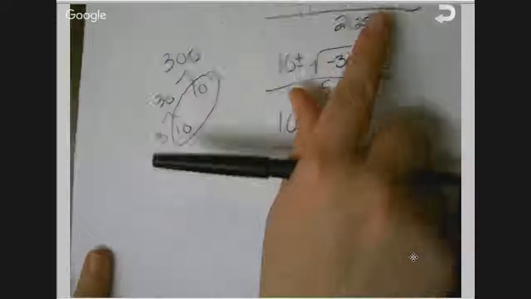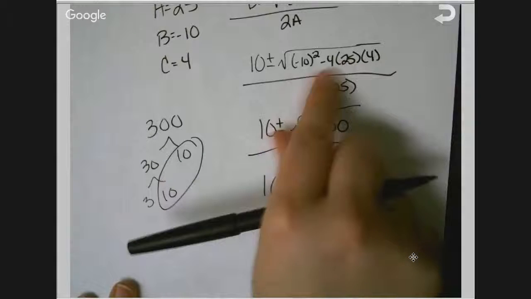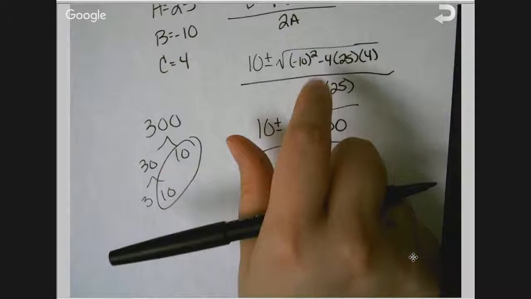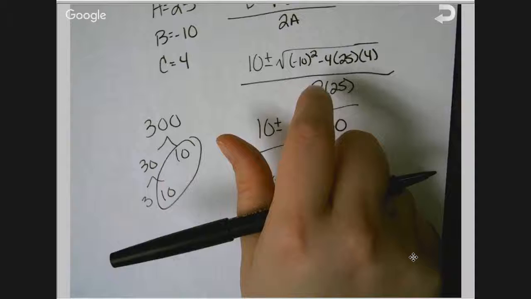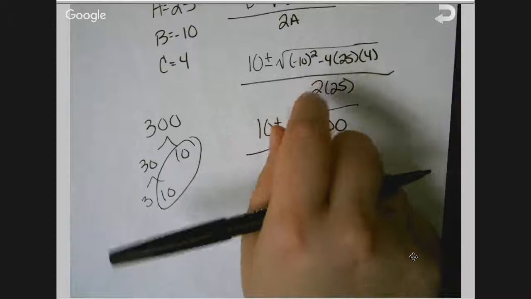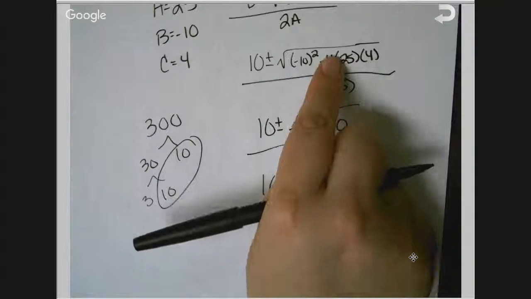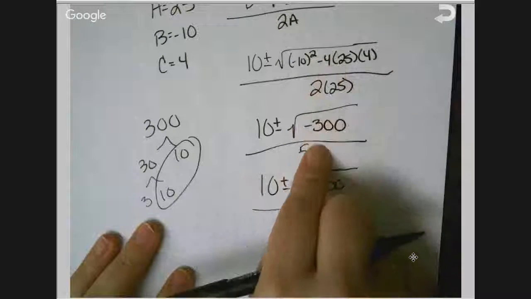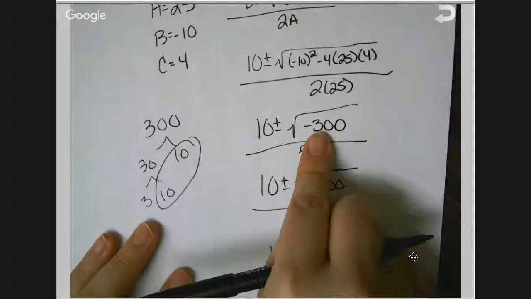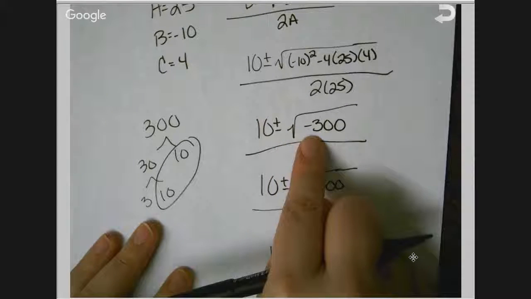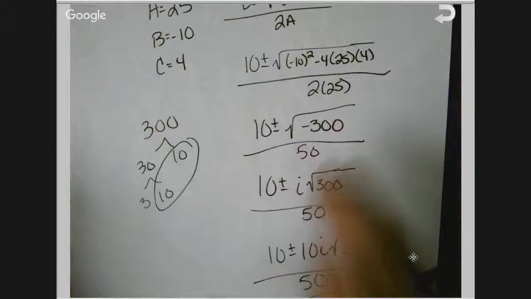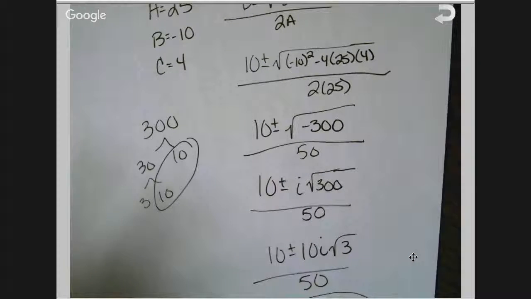This discriminant, if I didn't solve for the whole thing, if I didn't say, hey, I want you to do quadratic formula, if I just told you what the discriminant is, that tells me a lot of information. If I told you the discriminant's negative 300, automatically you should have told me that's going to create 2 imaginary solutions, okay? Because you know that the square root of a negative is going to create an i, right? And then the plus or minus is where the 2 solutions come from, a positive i, a negative i.